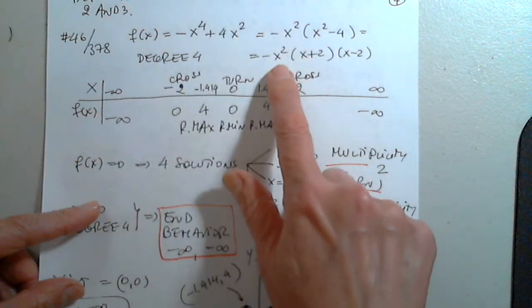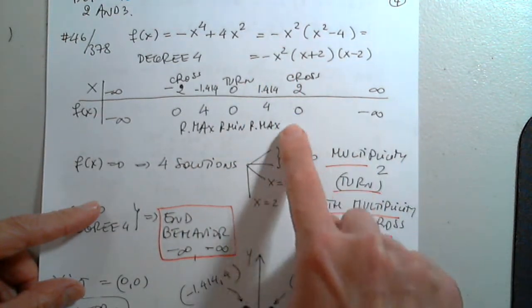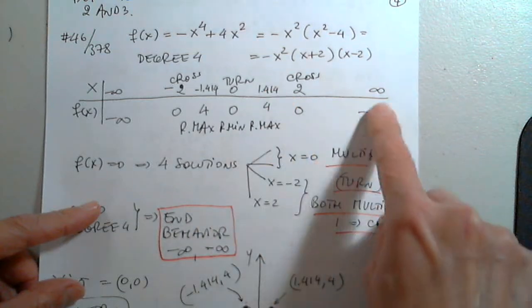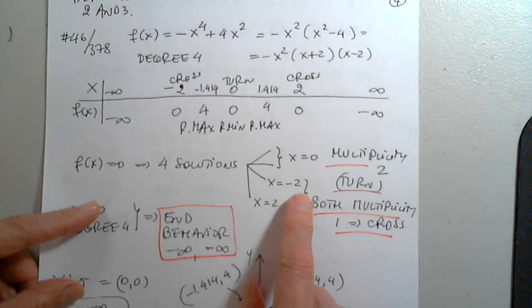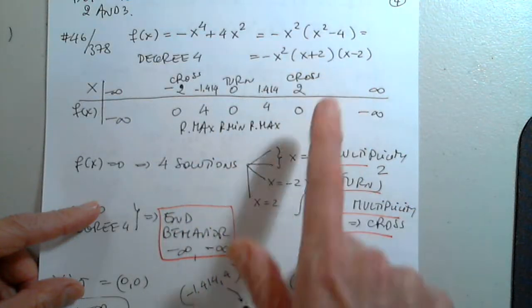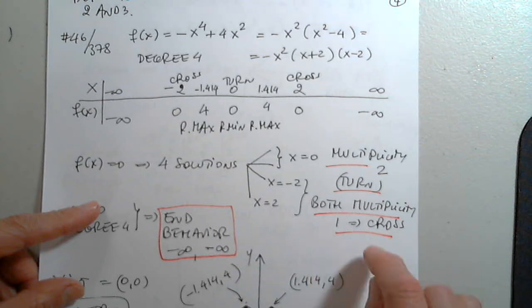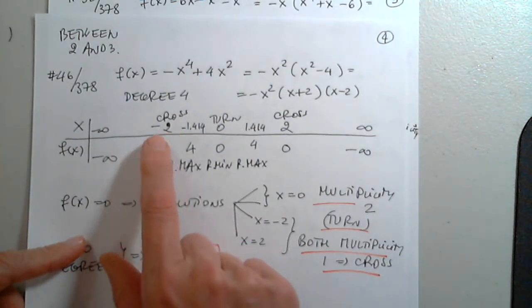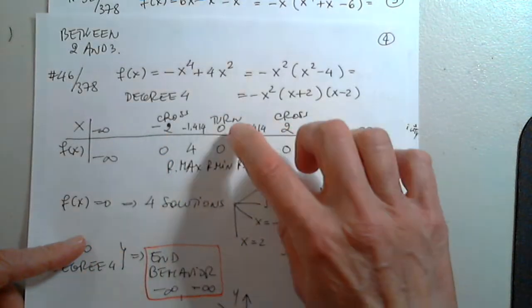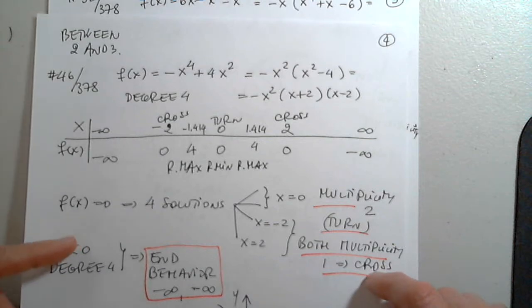We see that 2 solutions are 0 with multiplicity 2, and that means a turn, either coming from above and going back or from below. Now, x equals -2 is the other solution, and x equals 2 is the last one. Because they have multiplicity 1, these will be just regular crosses. I specified this here: (-2, 0) is a cross, (0, 0) is a turn, and (2, 0) is another cross.